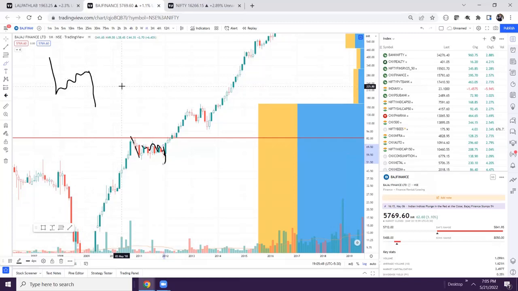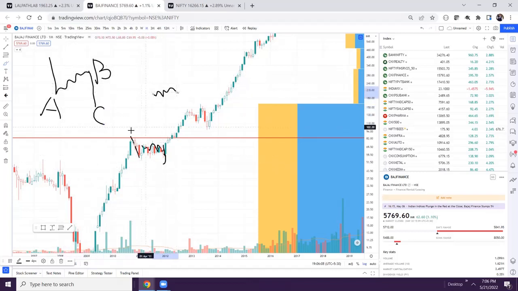Let us go to the second point. The difference here is this first point is known as A, then there is a correction which is known as B, and this third part is known as C. You have to make sure that this B part is very slow. Slow means like this, not like this.